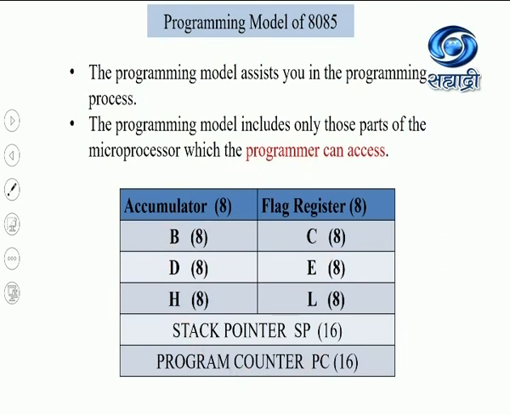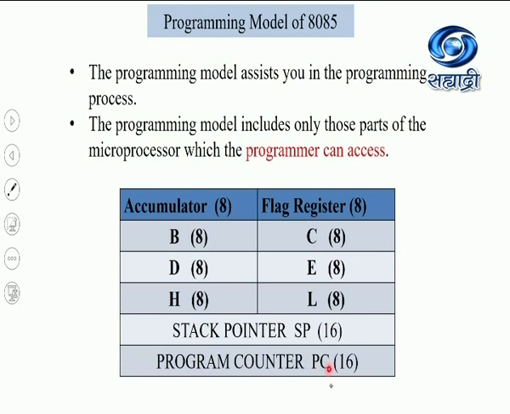Okay, so the programming model of 8085 includes accumulator. Accumulator is 8-bit. So here the 8 in brackets means the size of the register is written. So accumulator, then flag register, then the general purpose registers B, C, D, E, H and L. Also stack pointer SP. Now here it is written 16. Stack pointer is a 16-bit register.